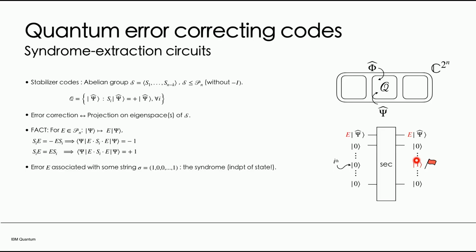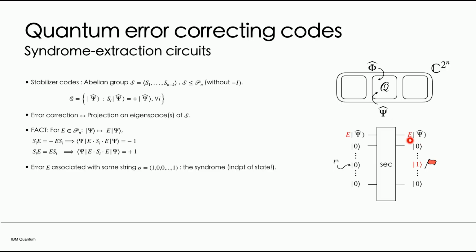The ith qubit is 1, and now I need to undo the error. I can't directly observe the state, but I can extract this sort of classical information about the state, which doesn't affect even superpositions of states in my code space. And using that classical information, I can do error correction. So this is what it means to do error correction.